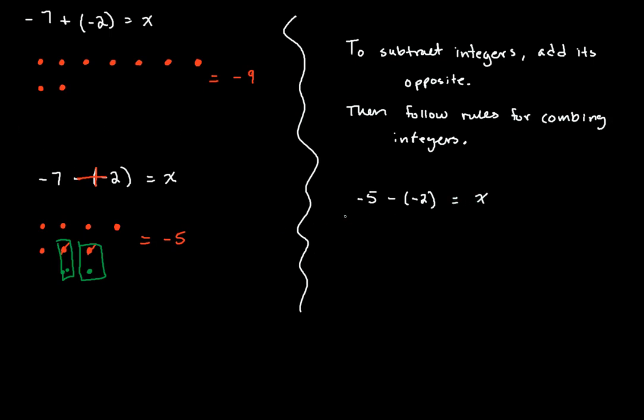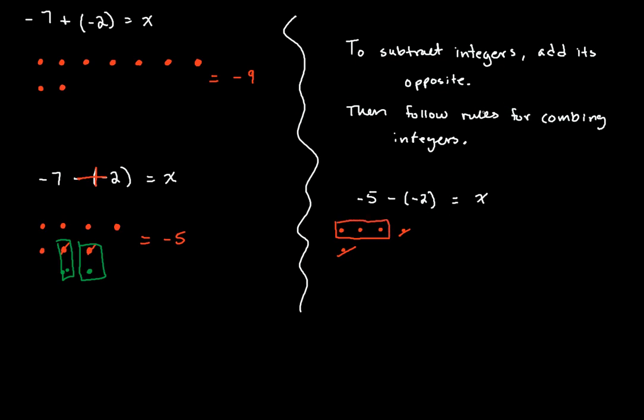Let's do this together so we can figure out if we're doing this right. We have -5 dots here, and I'm going to take away 2 dots that represent -2. So here I am left over with -3, or 3 dots.